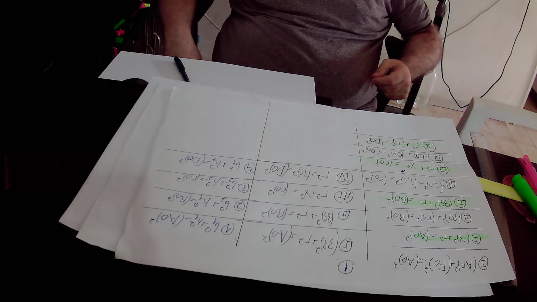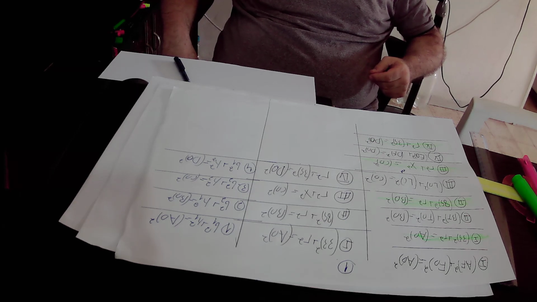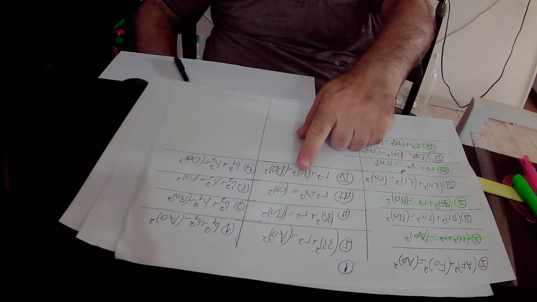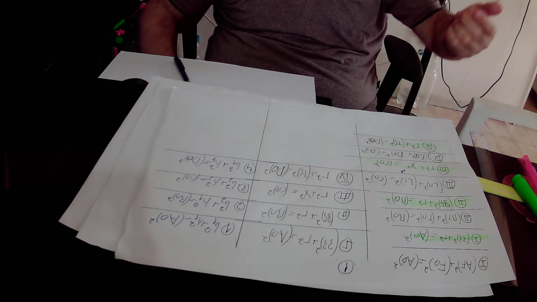Okay, then, so we have 8 equations here. We have 2 equations for AO square, 2 equations for BO square, 2 equations for CO square, and 2 equations for DO square.